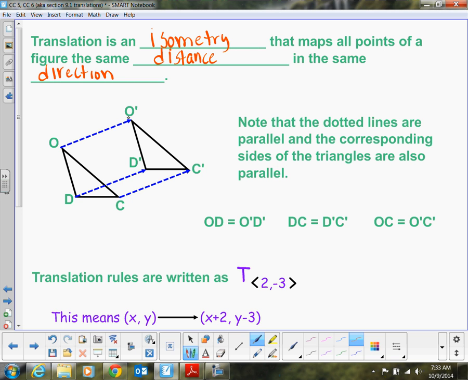That means O, O prime, C, C prime, D, D prime are all congruent and in the same direction. So we didn't slide O up here and D down there. Does that make sense? They all had to slide the same way. Note that the dotted lines are parallel. And corresponding sides of the triangles are also parallel. So the sides of the image will be parallel to the sides of the pre-image.